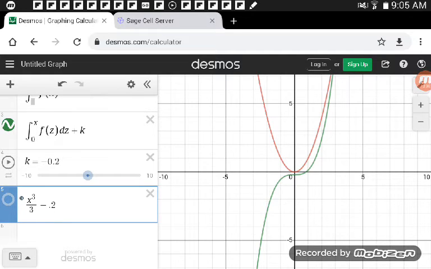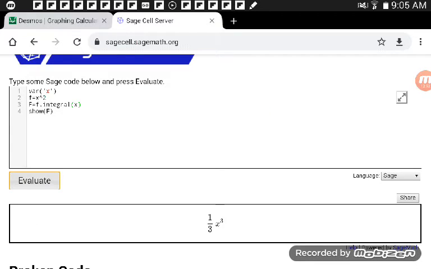Yeah, the stylus stuff with this thing is less than perfect, but there we go, and it's back. Okay, so those are that same function, x cubed over 3, or 1/3 x cubed. So we can get that in Desmos, although not a formula, and we can get it in Sage Cell here, but that formula is lacking our arbitrary constant.